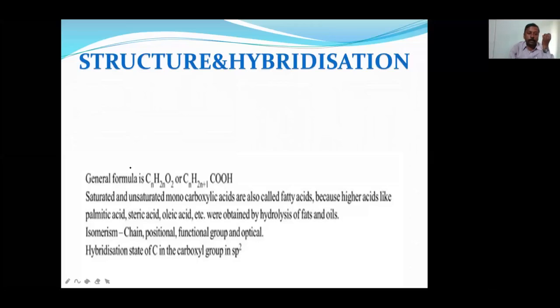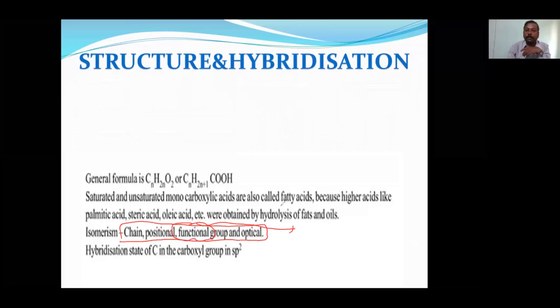So these are the things we have done. Name, structure and hybridization of carboxyl we have done. One reasoning question we have done, and position, everybody can do, optical everybody can do, chain isomer everybody can do. I felt that you require some practice in functional groups, that's why I have given you special training in the functional group.